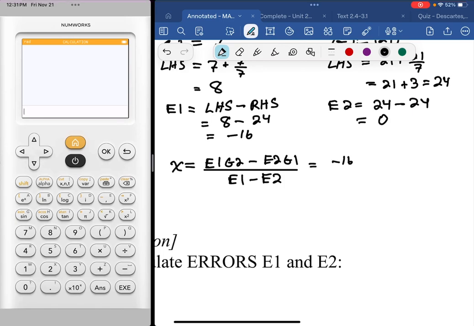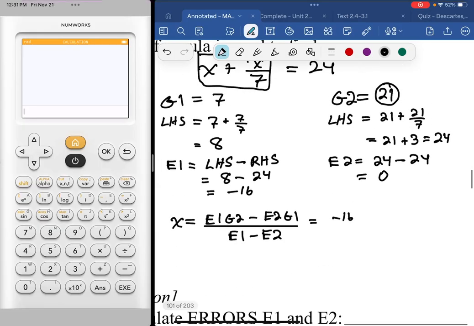So I get negative 16 is my E1. My G2, I'll use a highlighter here. I'll just highlight the relevant parts. And my E2, which happens to be 0, so it's going to 0 out, and my G1.